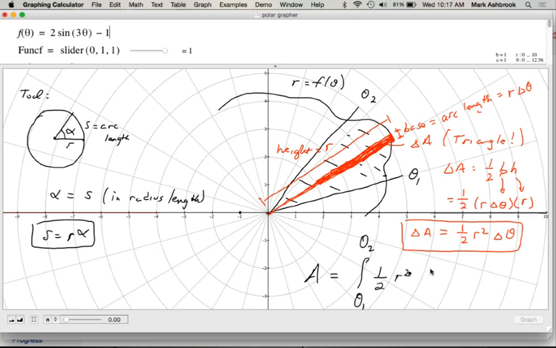So now it's d theta, right? Yep, so now we're going to sum up all the typical little triangles as they get really super thin, like slivers. These sliver triangles get really small as delta theta gets small. We're going to add up all those typical triangular slivers starting at theta 1 to theta 2.